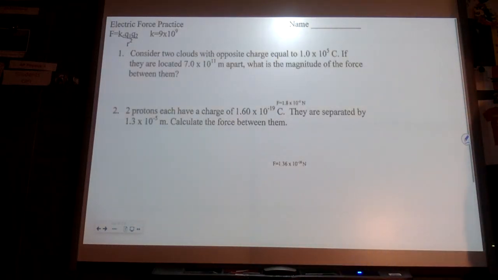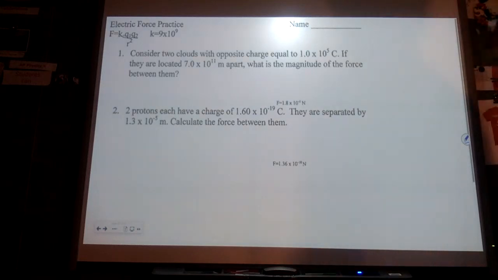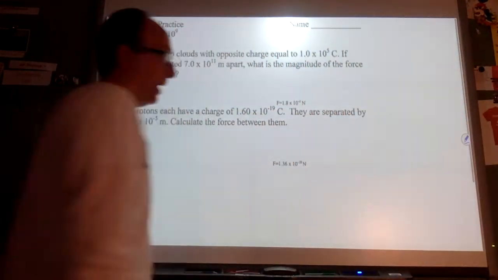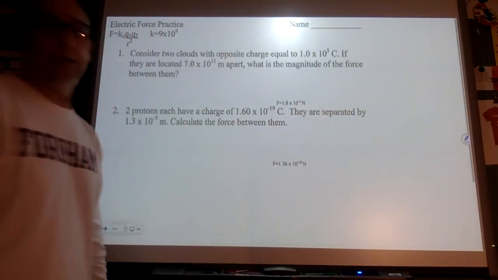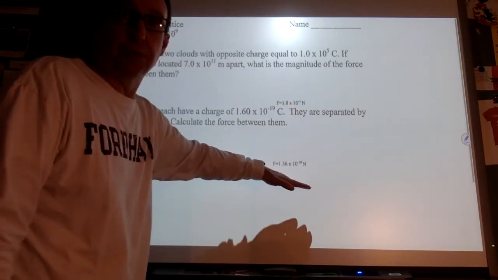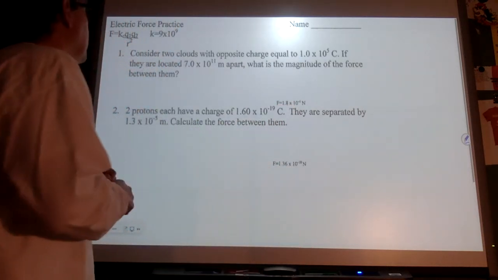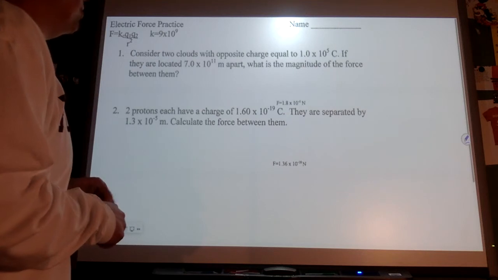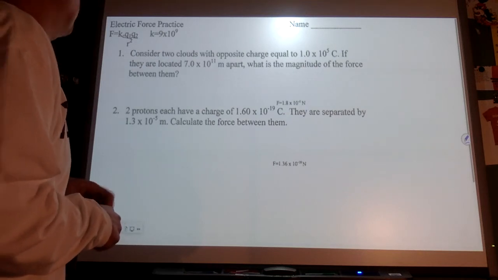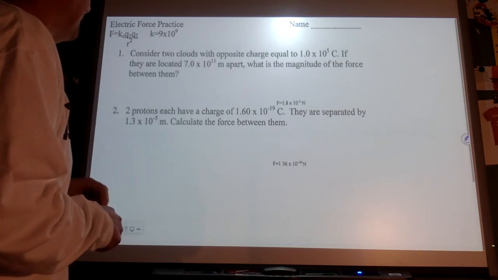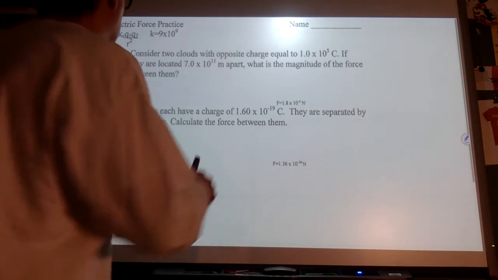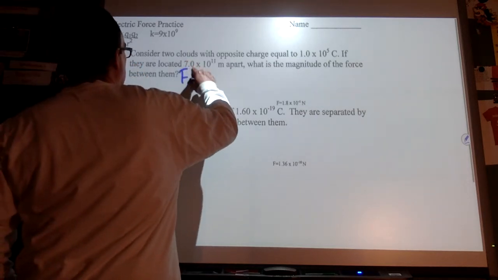All right, so I'm hoping you guys will do these as well as I do. I'm just going to set them up. I'm not going to put in the calculator. The answers are in your notes. So consider two clouds of opposite charge equal to 1 times 10 to the 5th coulombs. They're located 7 times 10 to the 11th meters apart. What's the magnitude of the force between them?